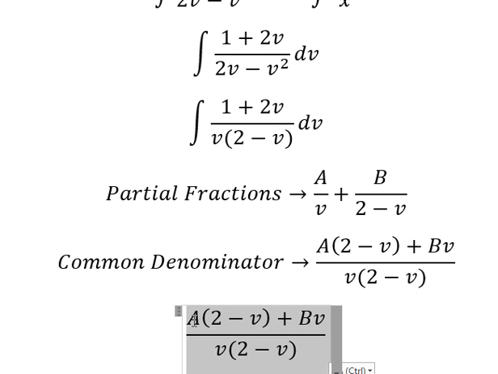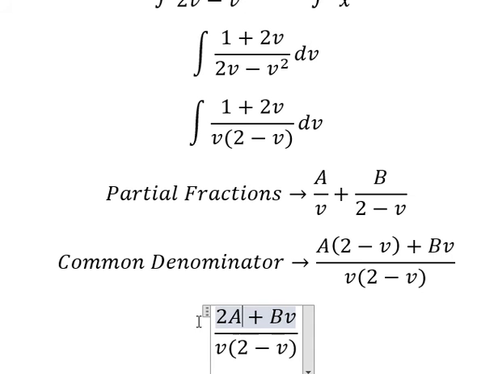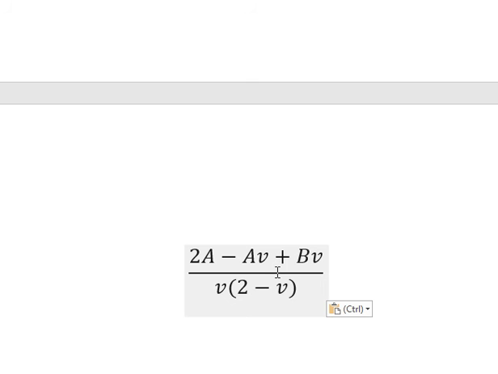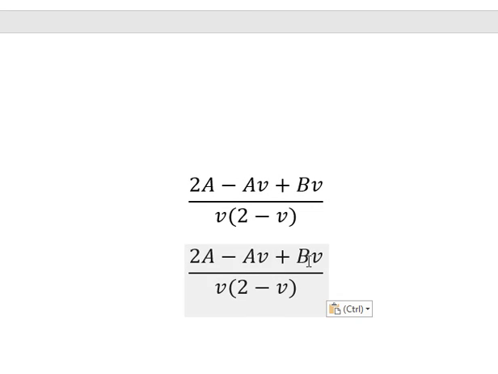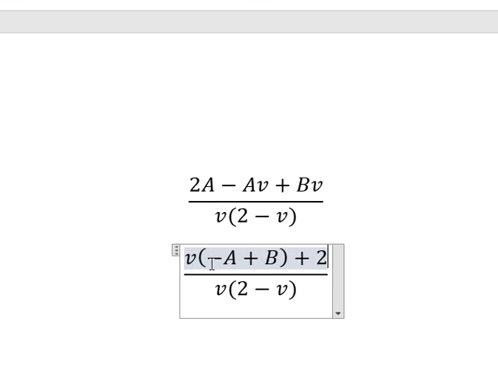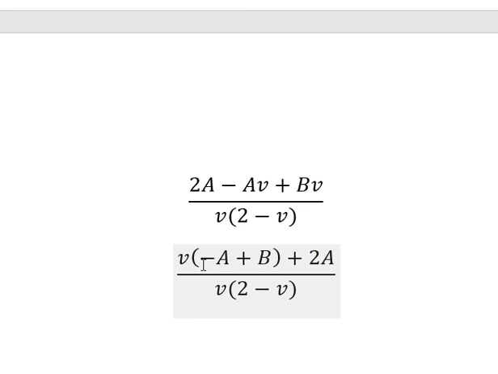Now we need to expand this one. Now we need to arrange based on the terms of v. So we have like this. Now we need to compare coefficients.